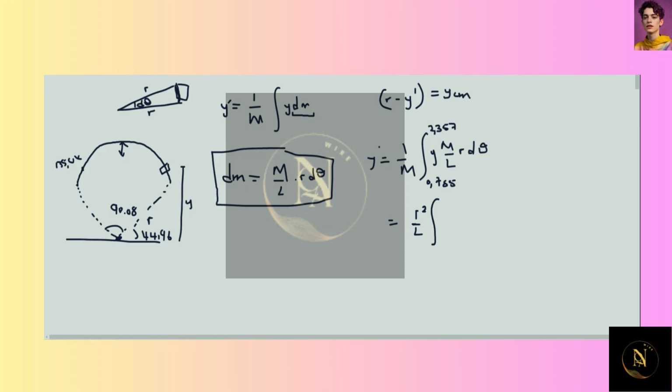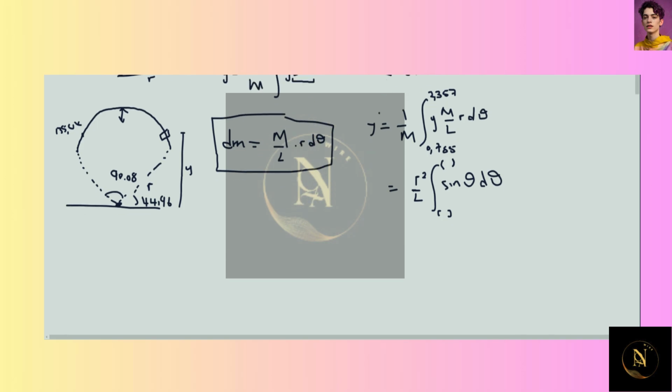So r squared integral of sine theta d theta here. So now we have simplified, and then you want to put your limits of integration in here.